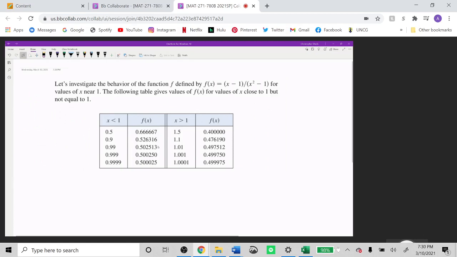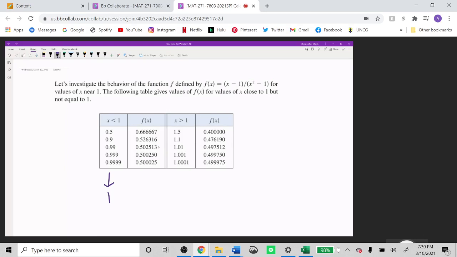So it starts out by plugging in values of x that are less than 1 into this function. So these values are all less than 1. And notice that as we get further down the table, these x values are getting closer to 1. And in the second column here, we have the output values that correspond to each of these input values.